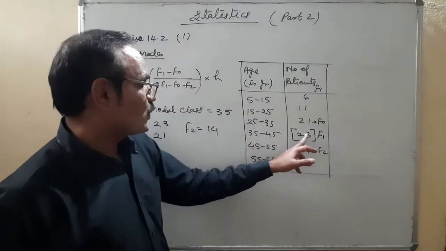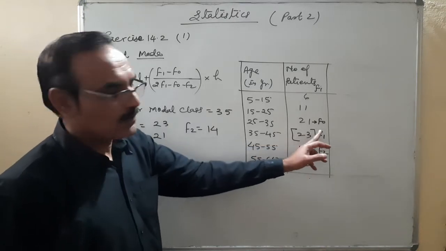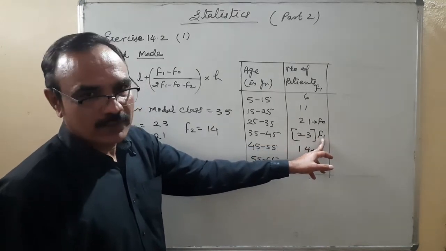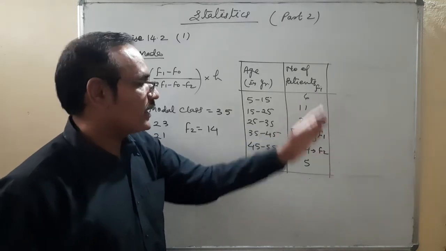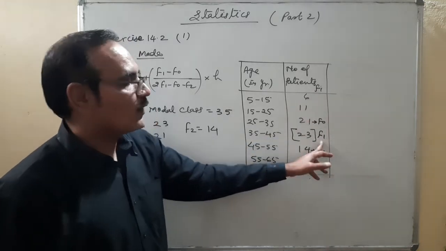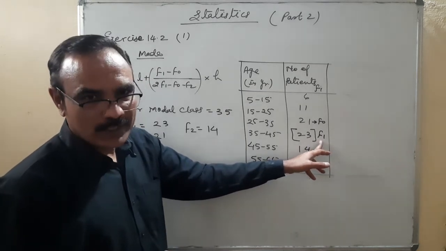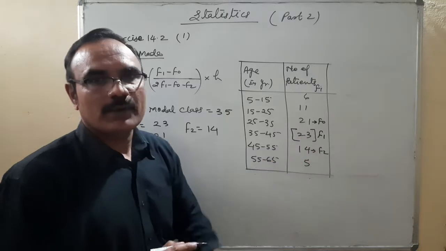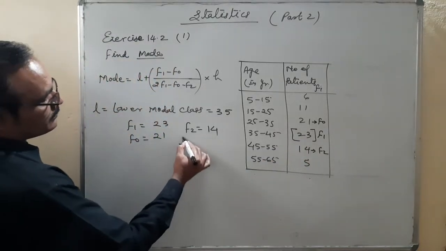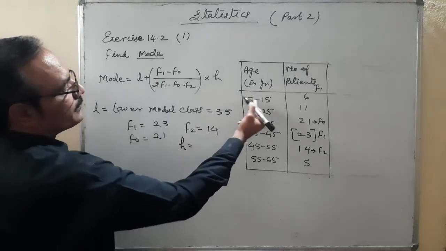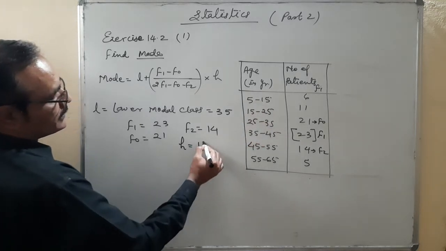The maximum frequency is F1; before that is the preceding F0 and after it the succeeding F2. You can remember 0, 1, 2, where 1 is the modal class frequency, the number which is coming the maximum number of times. What is H? H is the class width. 15 minus 5 is 10, 25 minus 15 is 10. H is equal to 10.